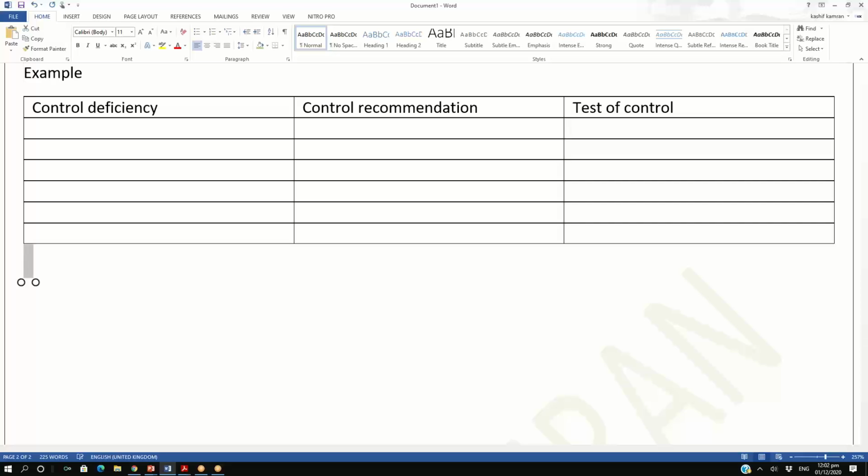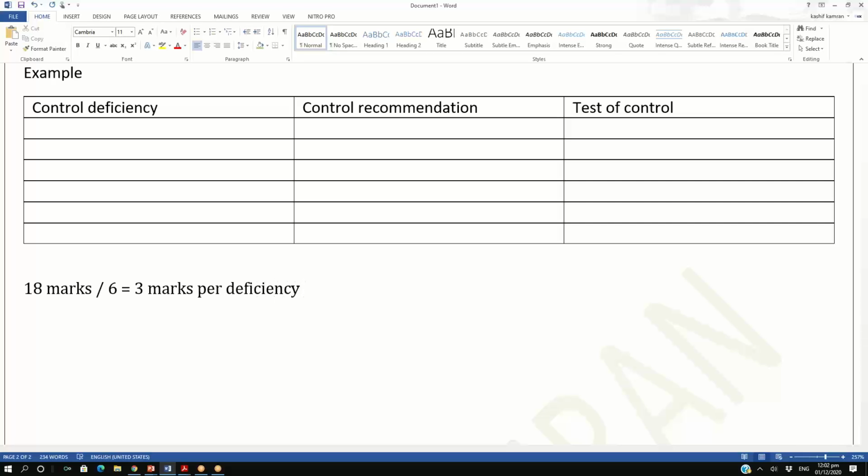Now, you need to understand one thing. You have a total of 18 marks, which is a very simple split. 18 marks, and you need to work on 6 in total, so you have 3 marks per deficiency.